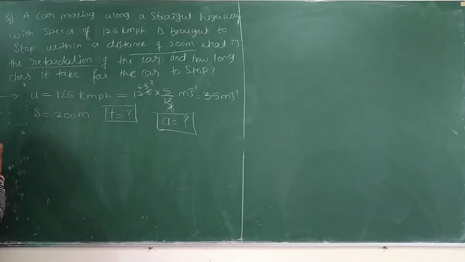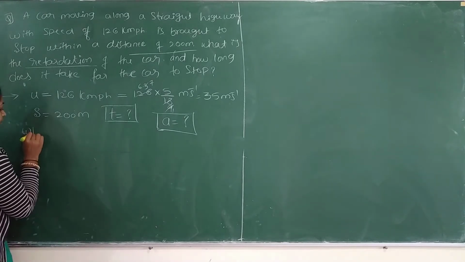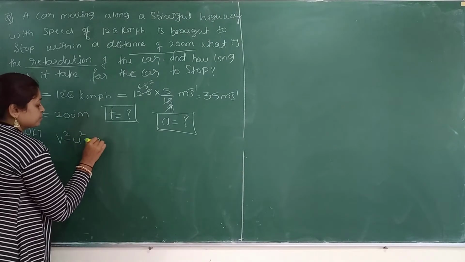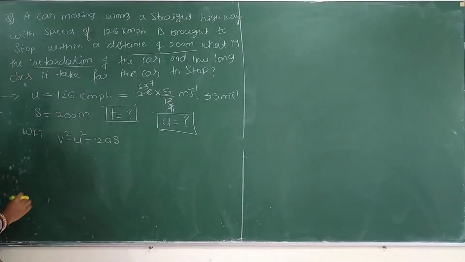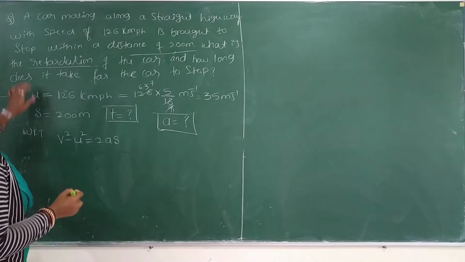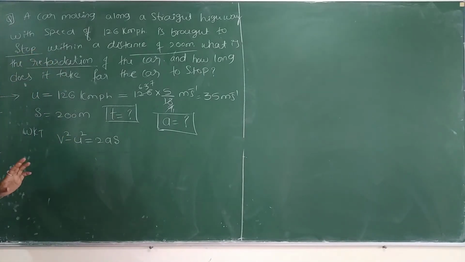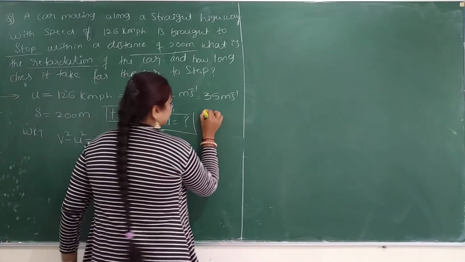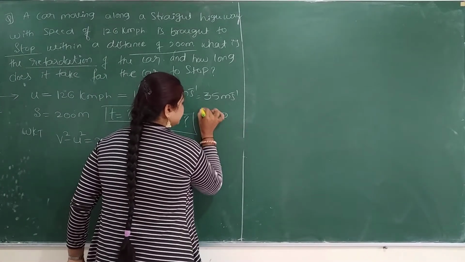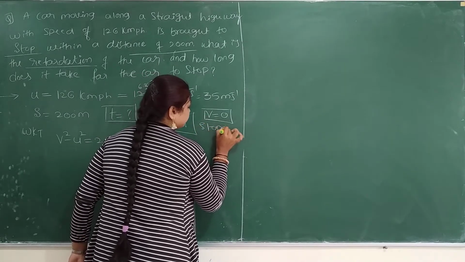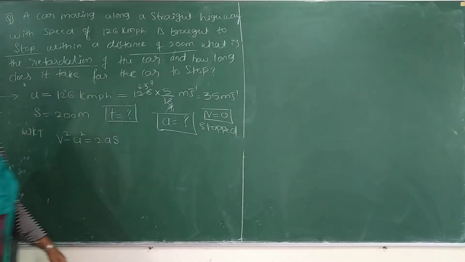So from these given data, you can apply the second equation of motion, that is v square minus u square is equal to 2as. Once the car stops, wherever the word stop or rest comes, that will be equal to 0. Here the final velocity is 0 because the car is stopped.